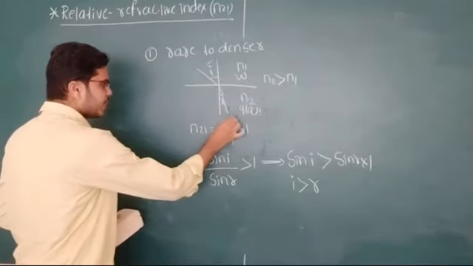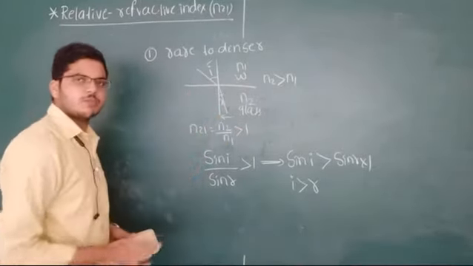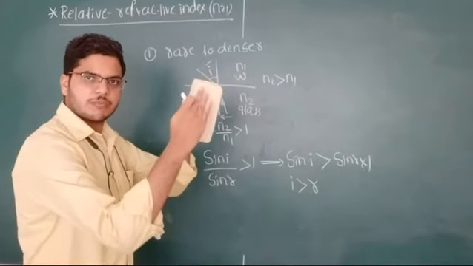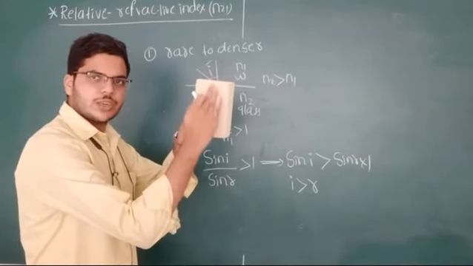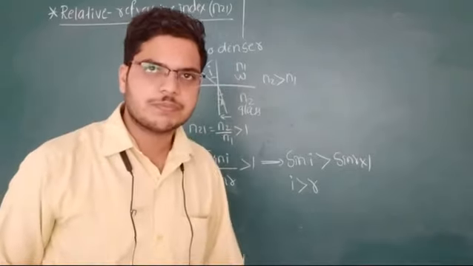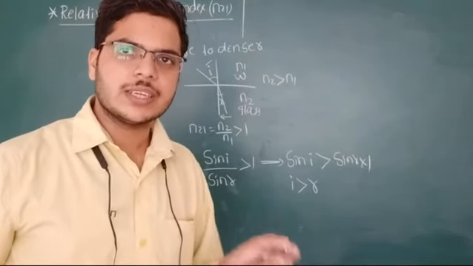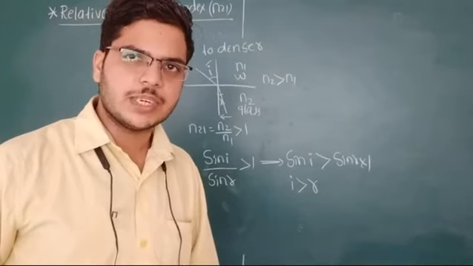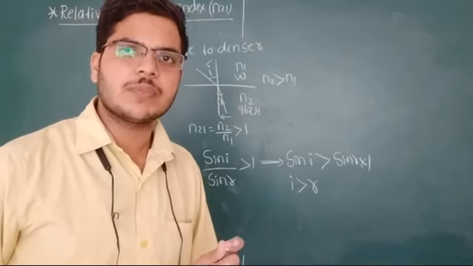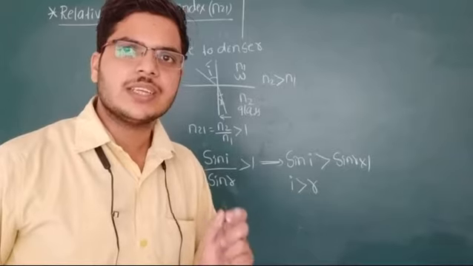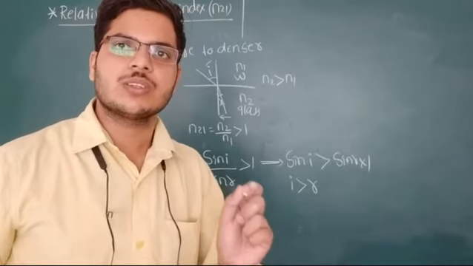The refracted ray is going towards the normal. Angle is small means the refracted ray is going towards the normal. We can write it as: when the ray of light is going from rarer medium to denser medium, the refracted ray is bending towards the normal.